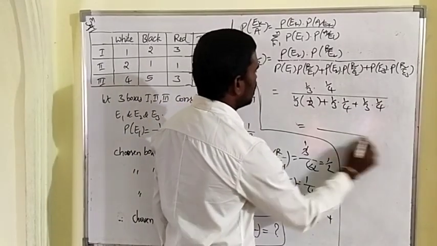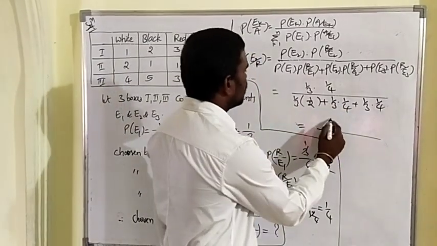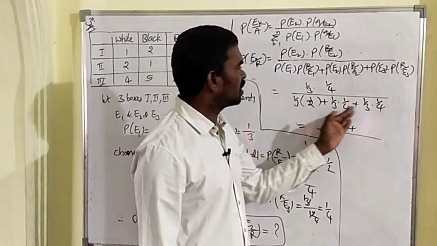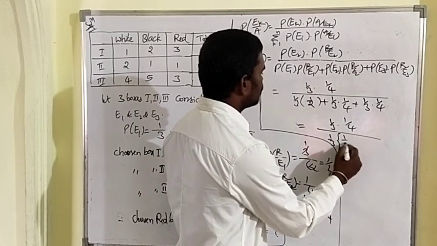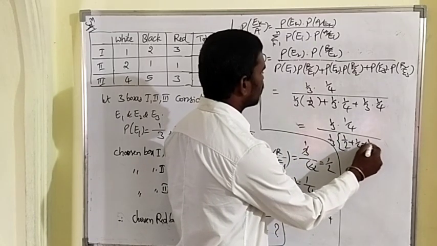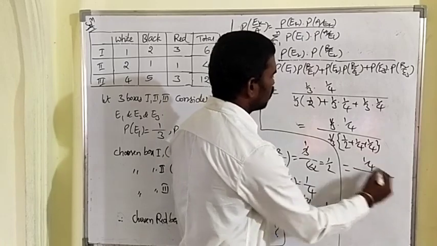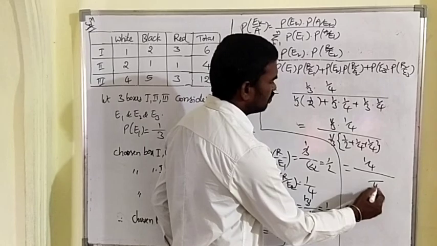So we have to simplify this, then we can get the answer. In the numerator, 1 by 3 into 1 by 4, keep as it is. In the denominator, 1 by 3 is common. I am taking 1 by 3 common. Then the remaining terms are 1 by 2 plus 1 by 4 plus 1 by 4. So 1 by 3 gets cancelled. Then 1 by 4 by, in the denominator 2, 4, 4, 4 is the LCM.